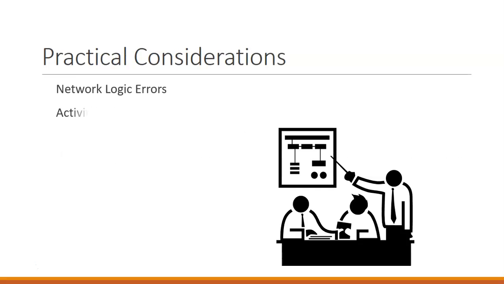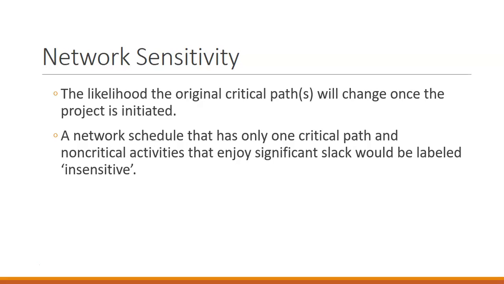Our network sensitivity is the likelihood that that original critical path will change once the project is initiated. If a network schedule has only one critical path and then has other non-critical activities that enjoy significant slack time, that would be labeled as an insensitive project. There's only one way that we have a critical path.